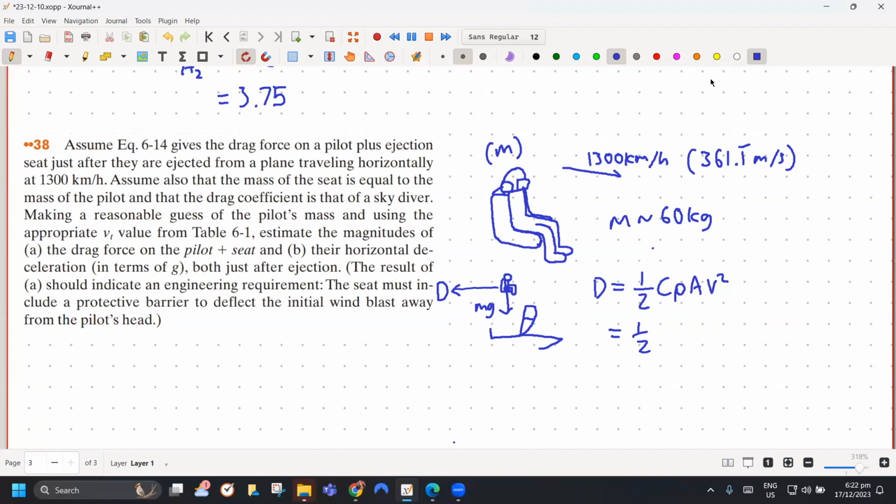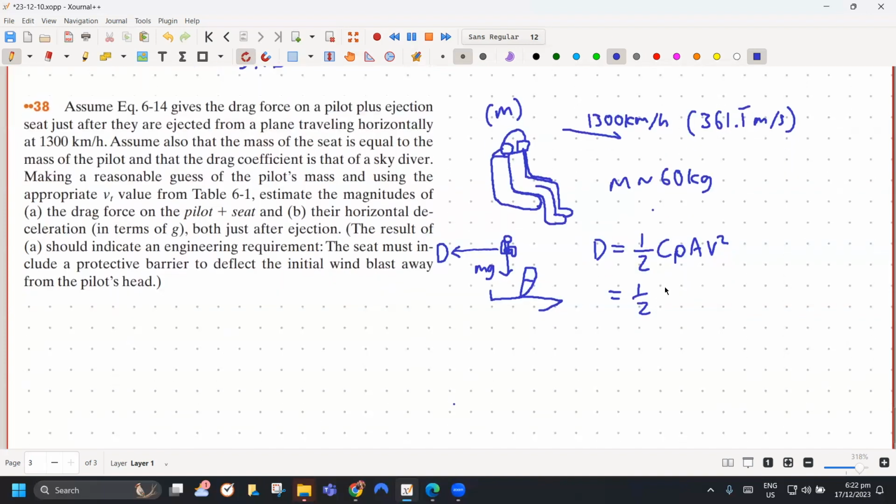So write mg is equal to 1/2 C rho A v squared, where v is the terminal velocity of the skydiver, 60 meters per second.